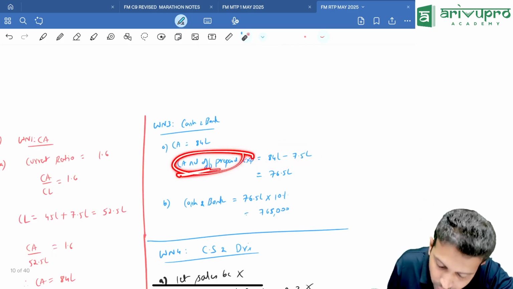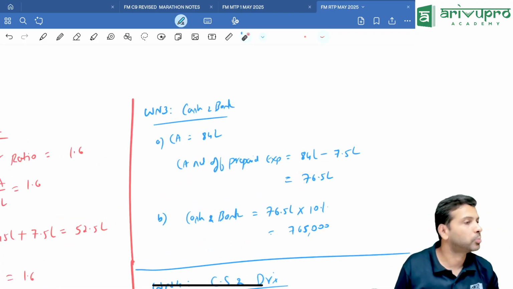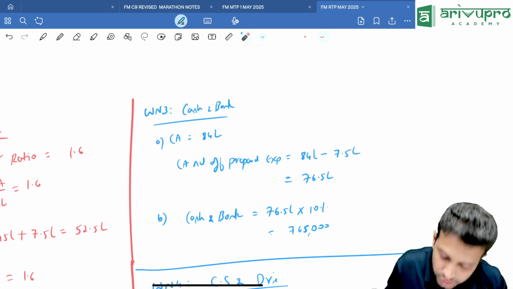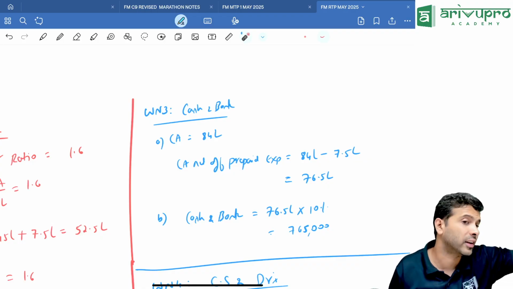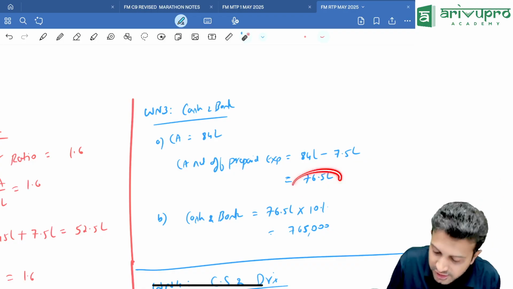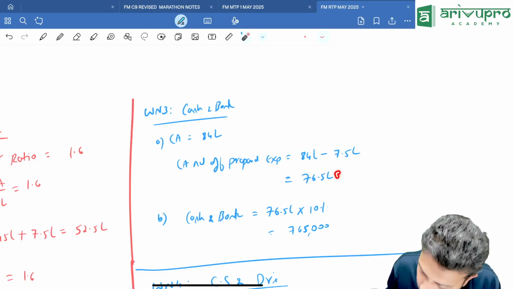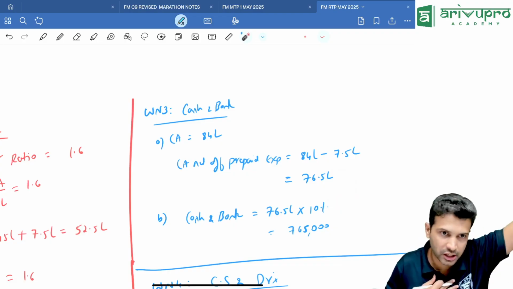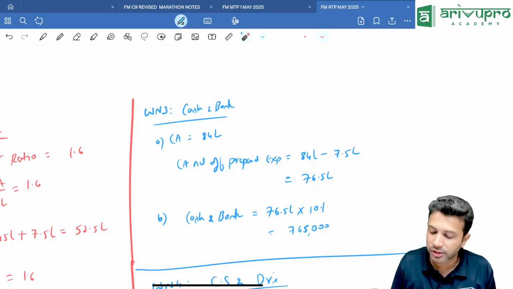After netting off prepaid expense, the current asset is 76.5 lakh. Any doubt? Cash and bank balance, they told, is 10% of this particular number, not me, the question has told that. So this is 76.5, and cash and bank balance will be 10% of that, which will be how much?